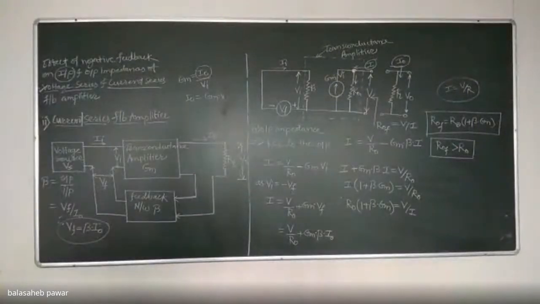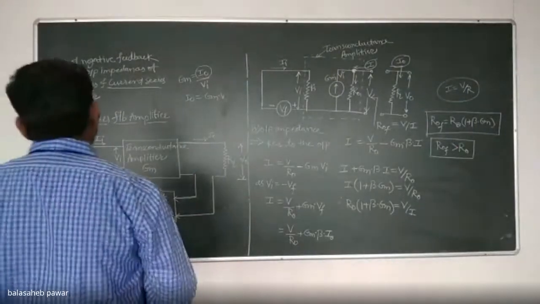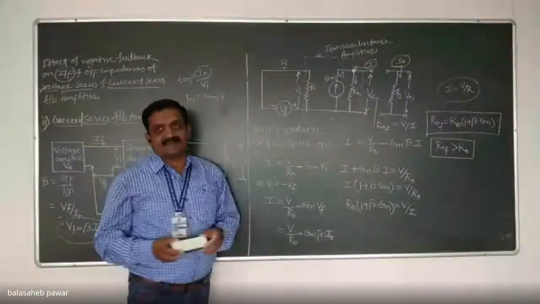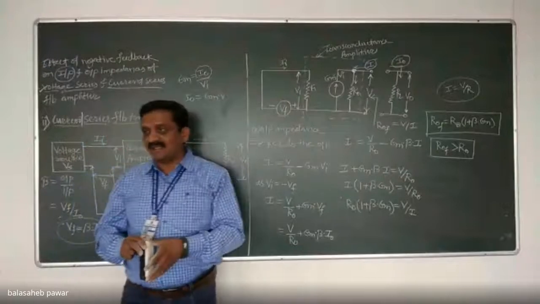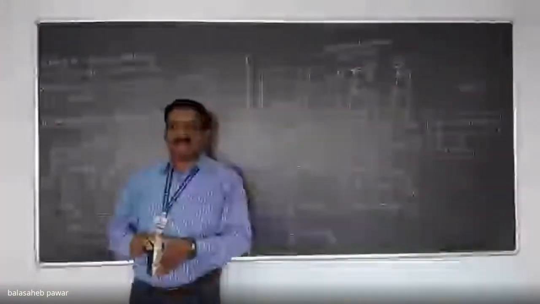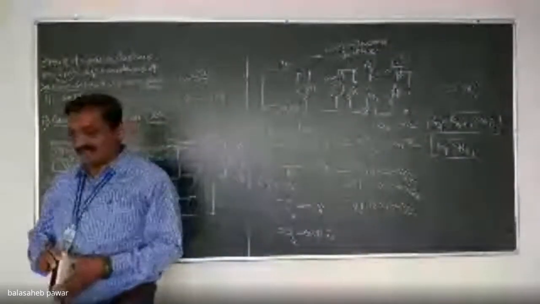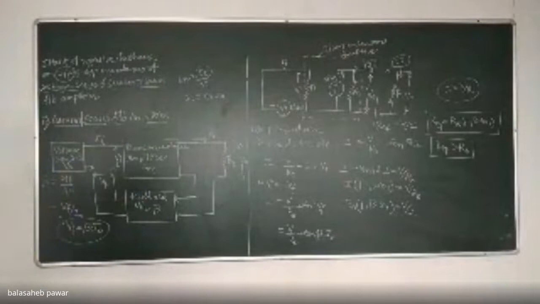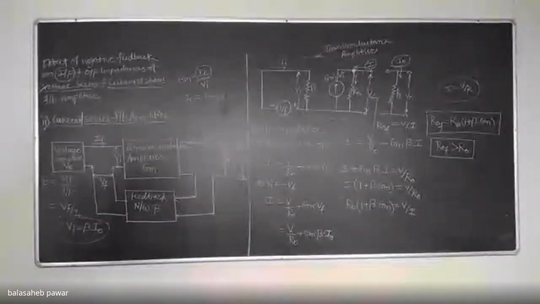While in case of the voltage series feedback amplifier, input impedance increases, that is RIF is greater than RI, and output impedance decreases, that is ROF is less than RO. But for current series, both get increased. Is it okay? Yes, sir.